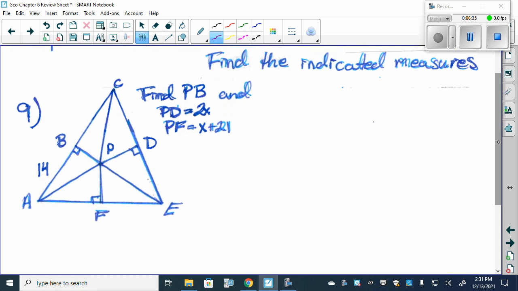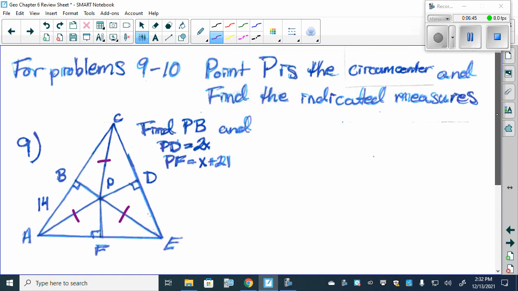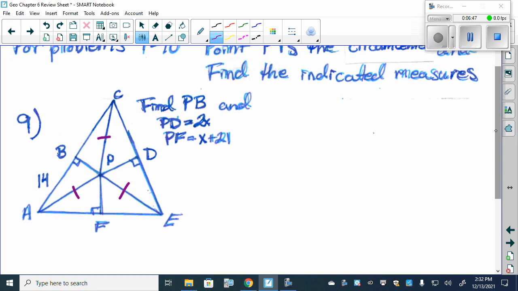Number 9. Because we're talking about the circumcenter, the distance from the point, our centroid, or our circumcenter, to the angles are going to be the same. Sorry, not that. Got them mixed up. It would actually be these here. Really, we can set these two equations equal to each other.